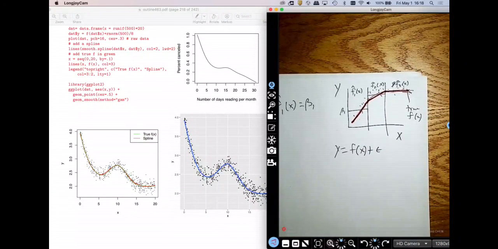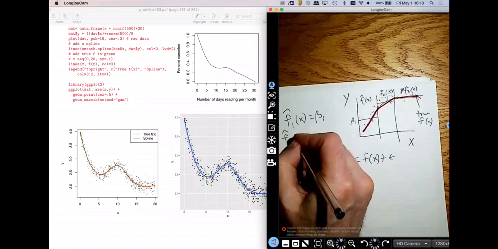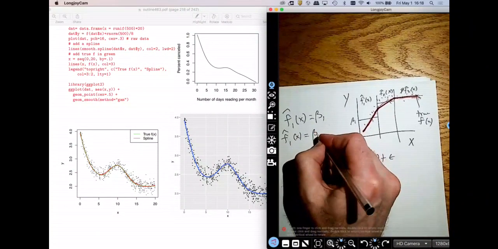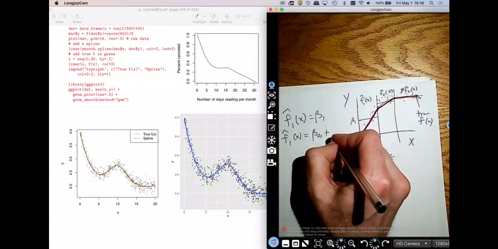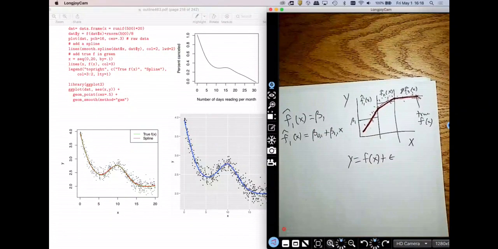That's the piecewise linear model. We could think about f hat x1 as being some beta naught comma 1 plus some beta 1 comma 1 times x in that region. So that's the piecewise linear.